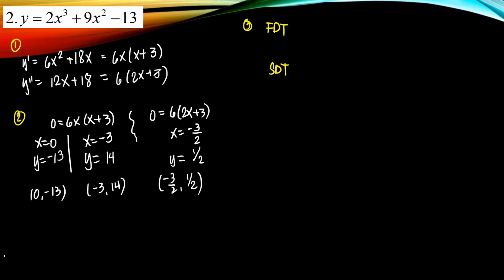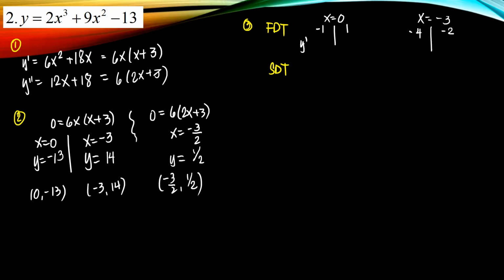Again, guys, what is the first derivative test for? That's the test of slopes. So what we place here, guys, is the numbers first. So x equals 0, x equals negative 3. Let's do this first, the one from the y prime. So let's think of a number to the left side and to the right side of it.